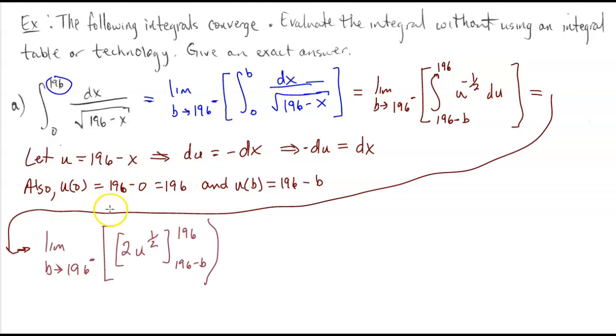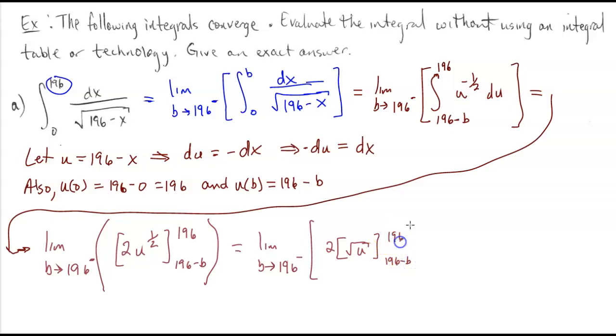And I'll change the way this grouping symbol looks. So we have limit as b approaches 196 from the left. And this will essentially just be 2 times square root of u from 196 minus b to 196.